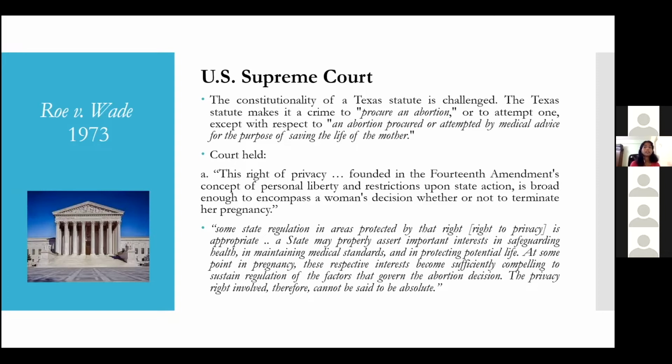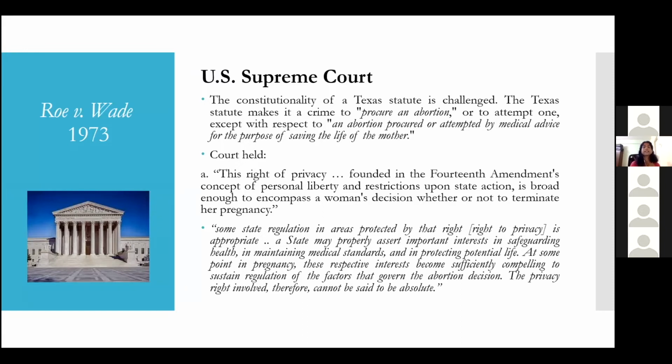But he explained that during the 1st trimester, the decision to have an abortion remained between the woman and the healthcare providers. However, he noted that after the 1st trimester, the state may regulate abortion so far as the regulations protect maternal health. After the point of viability of the fetus, the state may regulate abortion in order to protect potential life, that is, of the fetus itself, if it's post the stage of viability.